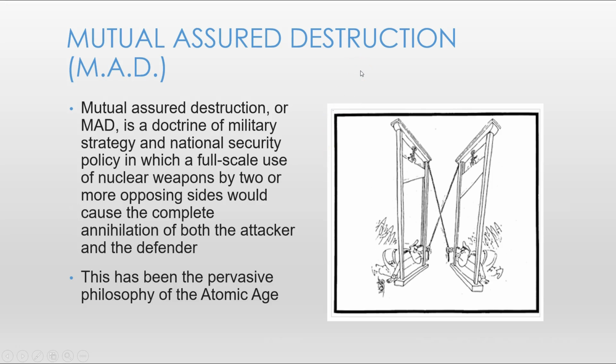Mutual assured destruction, MAD, and that's a pretty appropriate acronym because it's pretty crazy. This was the philosophy that I think prevented World War III, which prevented nuclear weapons being used against each other, because it's the idea that if I use nuclear weapons against you, my enemy will use nuclear weapons against me.